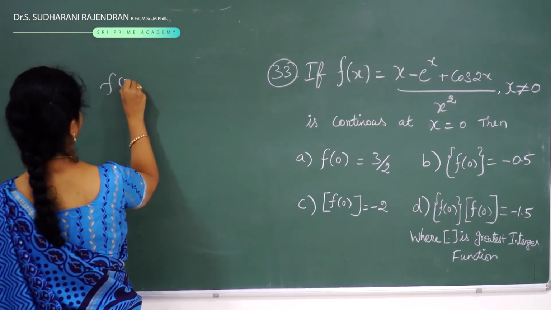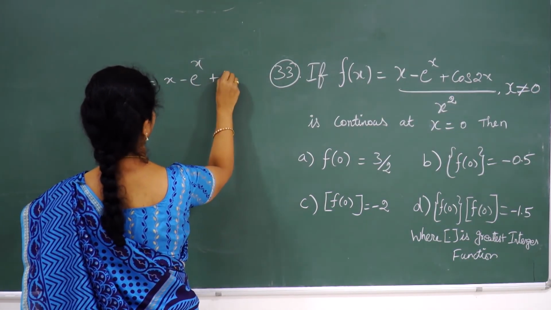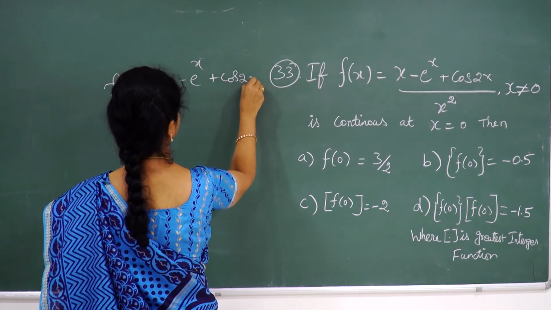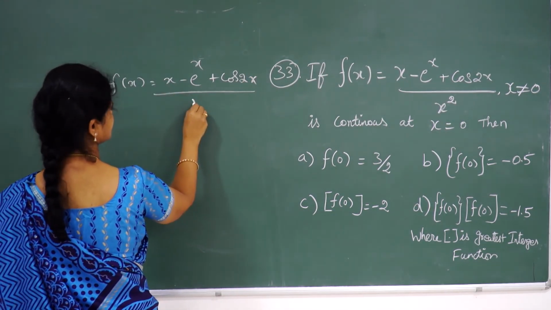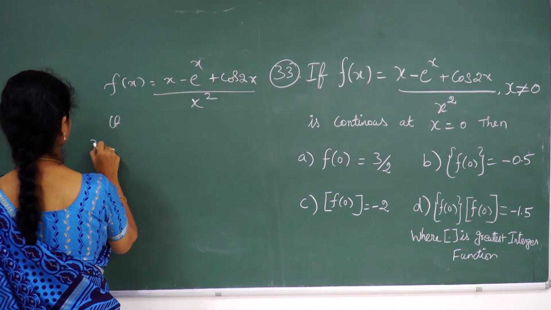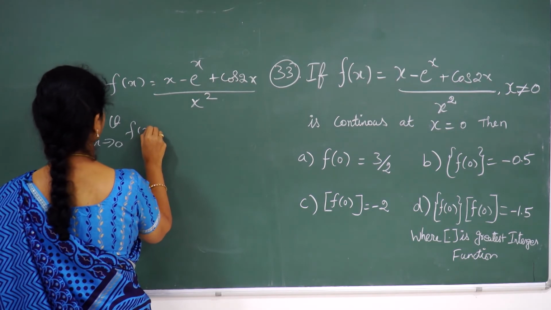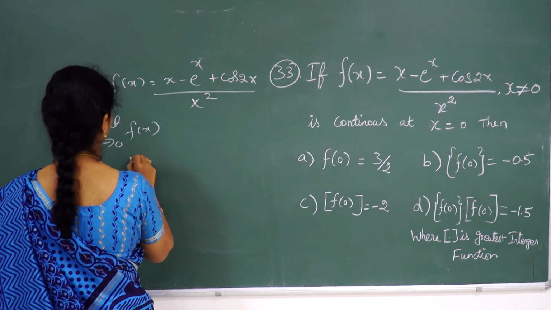Now f of x equals x minus e power x plus cos 2x divided by x square. So apply the limit x tends to 0 to f of x.